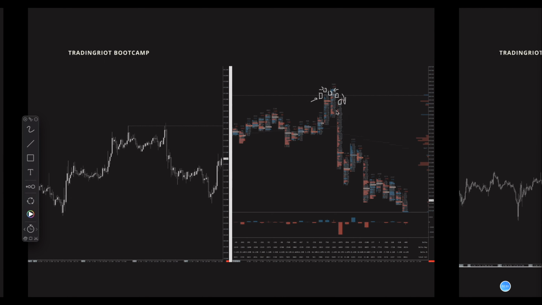If you are using higher time frames like 30-minute or 60-minute, this will get all meshed up into one candle, and as you can see in this example, there is a large selling here on the downside. So this is why your delta is negative for the candle. Obviously, it's not by much, but it's still negative. So you need to be a little bit more forgiving when it comes to these things.